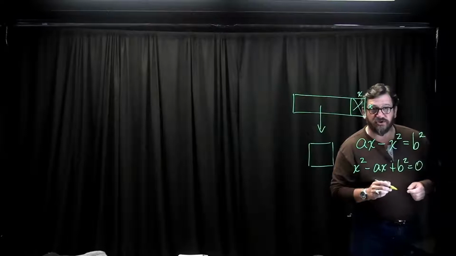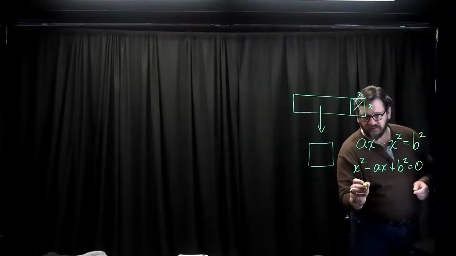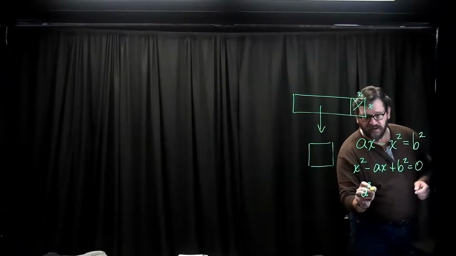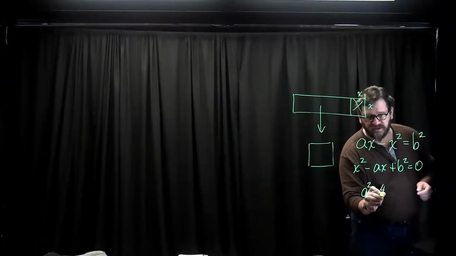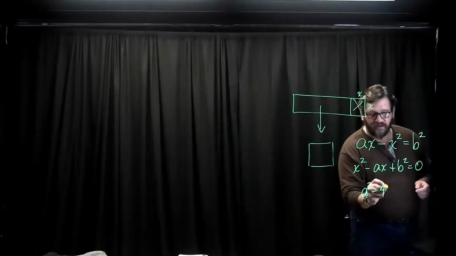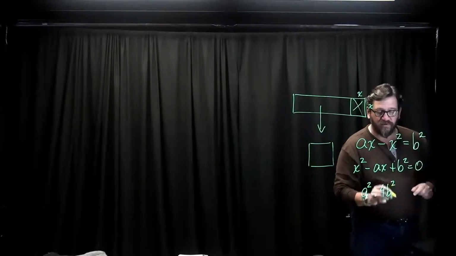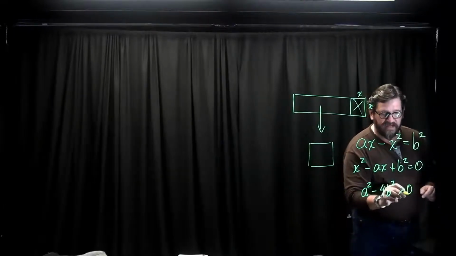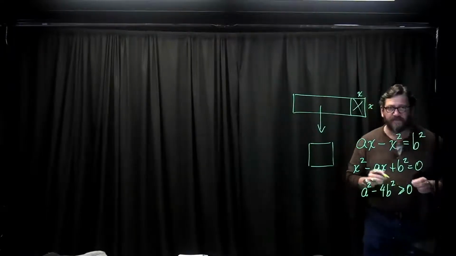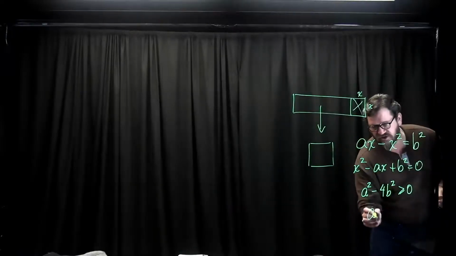And I'm going to use the discriminant one more time, which says square the middle, or square the linear, so I get a squared, minus 4 times the leading coefficient and the constant. In this case is simply b squared. And in order for this to have a real solution, I need this to be greater than or equal to 0.